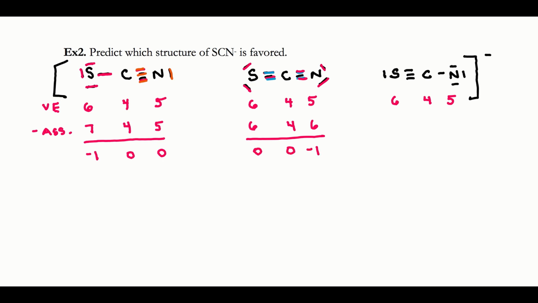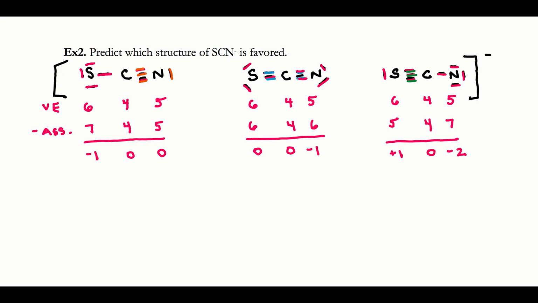Okay, for the last one, for sulfur, 1, 2, because it's a lone pair, 3, 4, 5. For carbon, I've got 1, 2, 3, 4. And then for nitrogen, I've got 1, 2, 3, 4, 5, 6, 7. So when I subtract, I get +1, 0, and -2 for my formal charges.